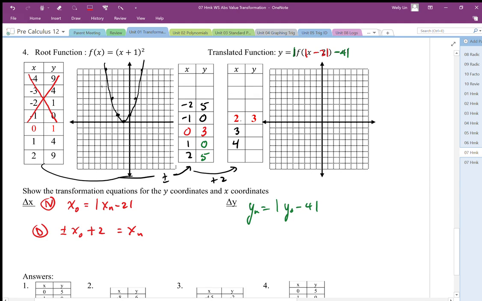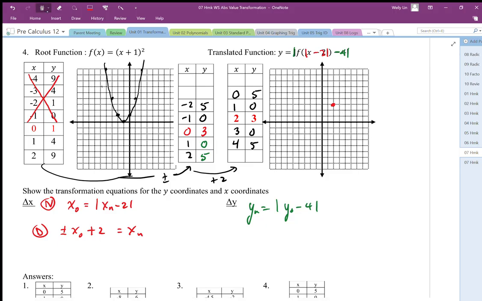That's my point of reflection, now becomes 2, and then it becomes plus 2, so 1 and 0. So those are my new x coordinates. The y coordinates have to follow that, 0 and 5, and they get mirrored. So 2, 3 represents my mirror point, so 2 over 3 up, that represents my mirror point.